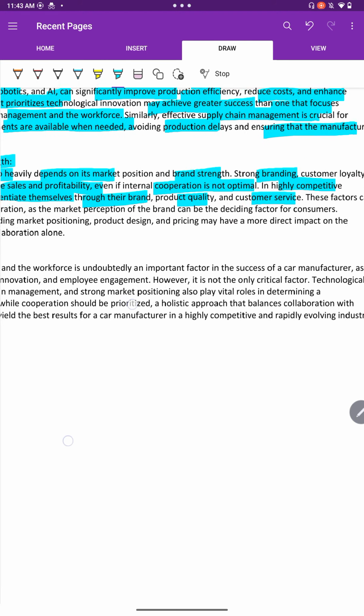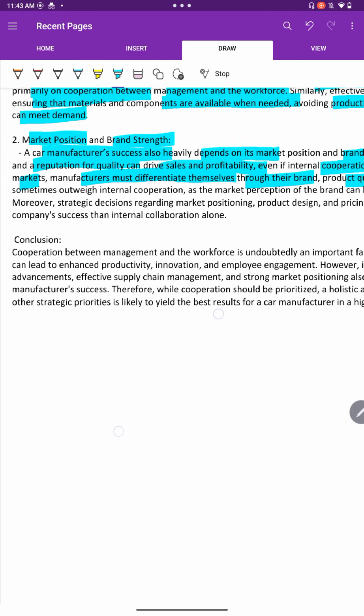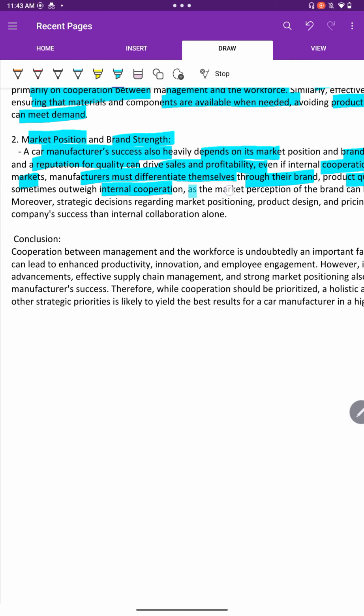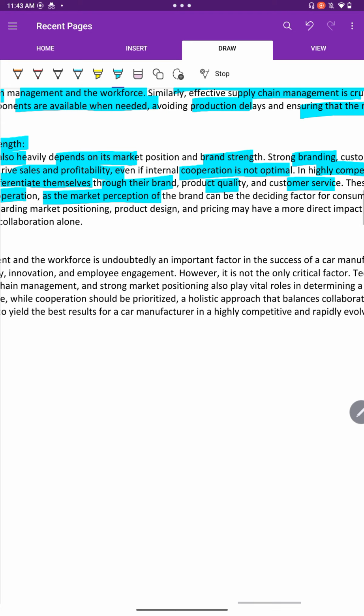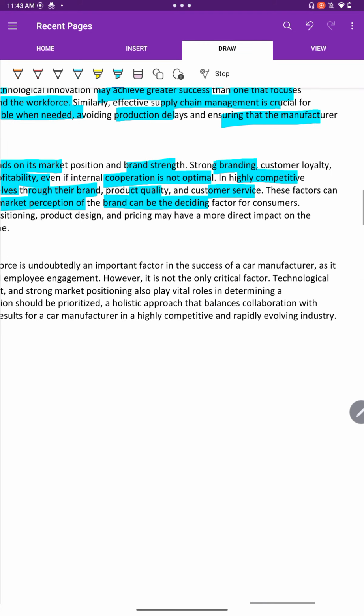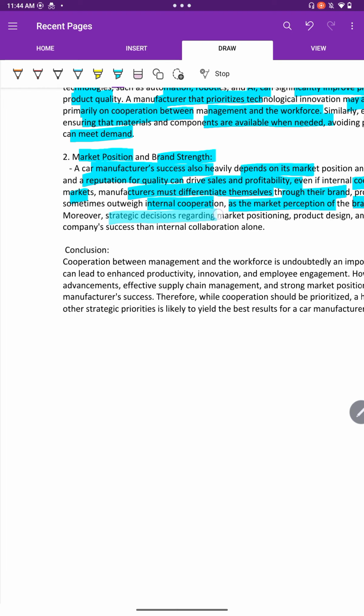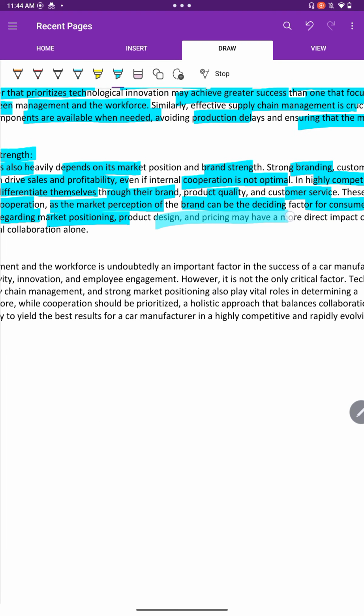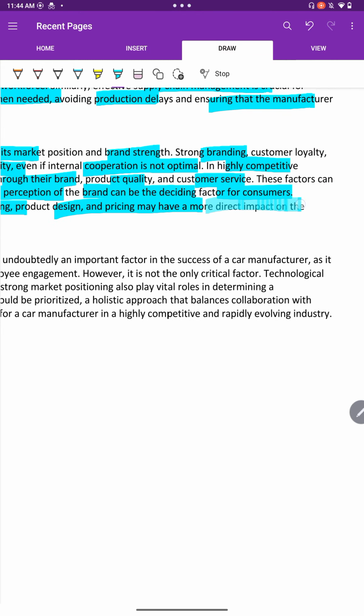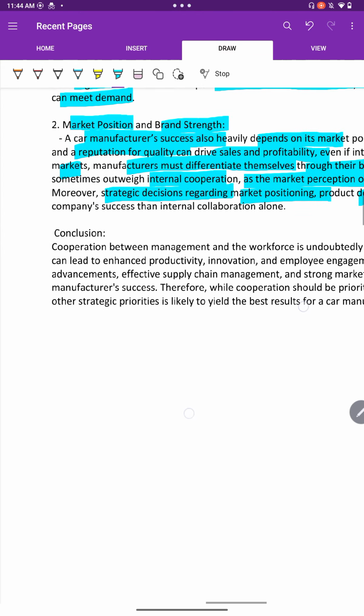These factors can sometimes outweigh internal cooperation, as the market perception of the brand can be the deciding factor for consumers. Moreover, strategic decisions regarding market positioning, product design, and pricing may have a more direct impact on company success than internal collaboration alone.